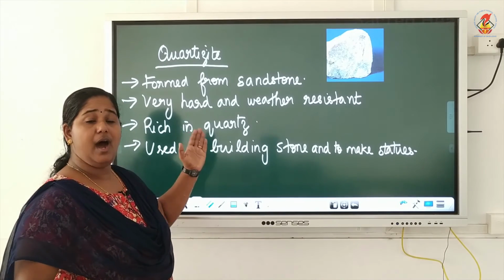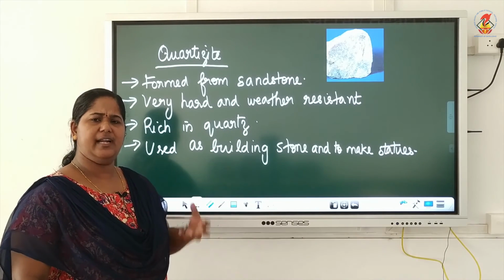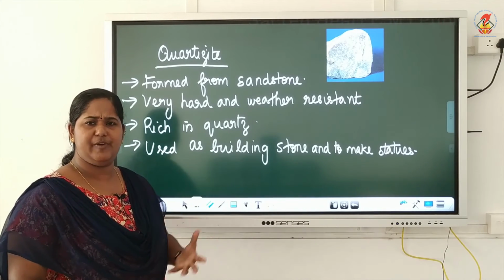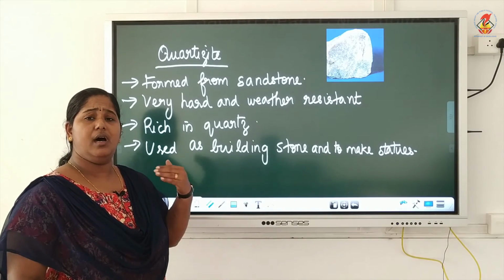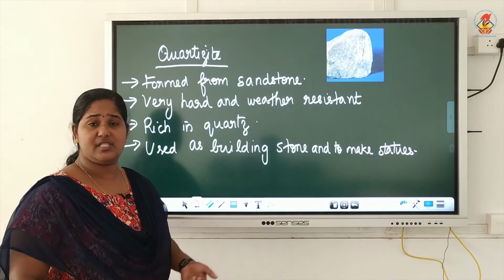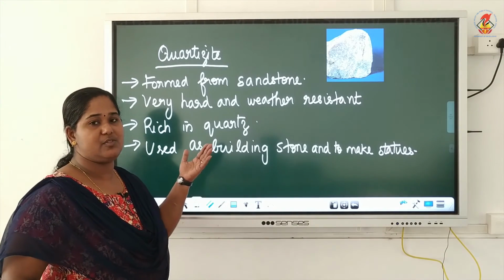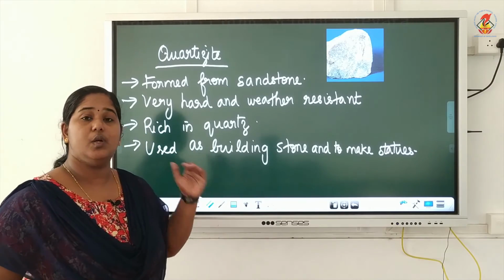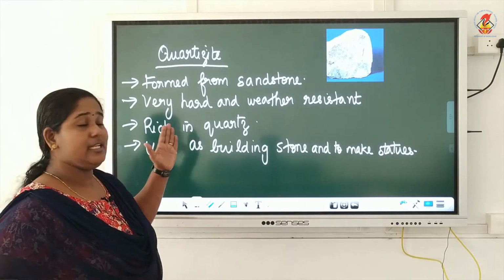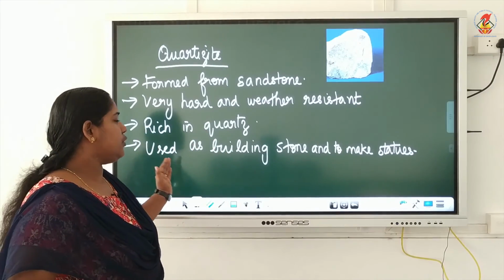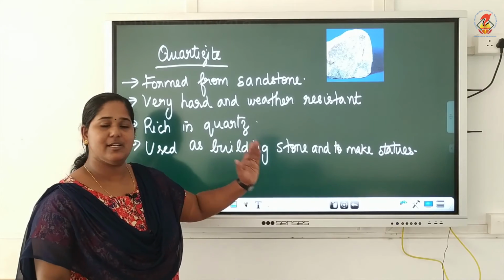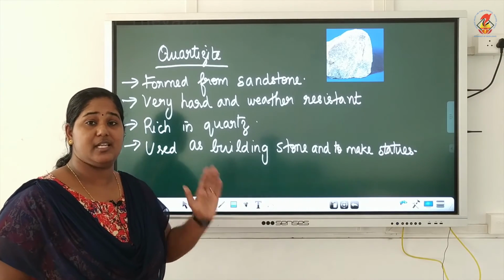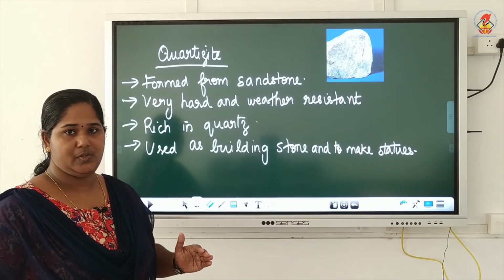It is very hard and weather resistant, and it can withstand different types of weather, rain, water, wind, the heat of the sun, everything can be withstood by this very hard rock, which is quartzite. It contains quartz minerals. It is used as building stone and to make statues as it is very hard.